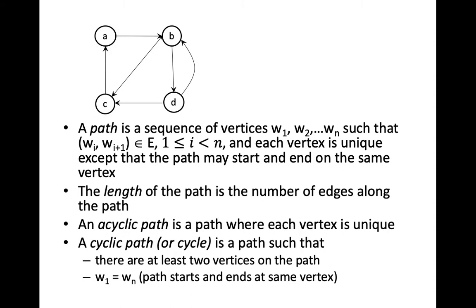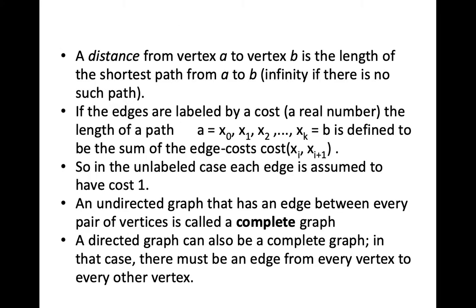The length of the path is the number of edges along the path. An acyclic path is a path where each vertex is unique. It's also called a simple path. A cyclic path or a cycle is a path with at least two vertices, where the starting and ending vertex are the same because the path starts and ends at the same vertex.